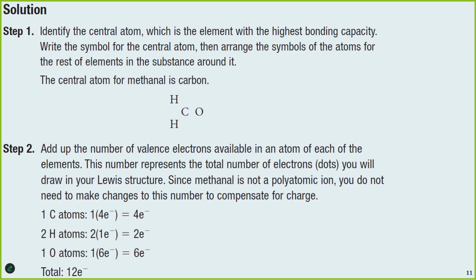This number represents the total number of electrons, or dots, we will draw in our Lewis structure. Since this is not a polyatomic ion, we do not need to make changes to this number to compensate for charges. So one carbon atom contains 4 electrons, 2 hydrogen atoms have 2 electrons, 1 oxygen atom has 6 electrons. So in total we have 12 electrons, right?